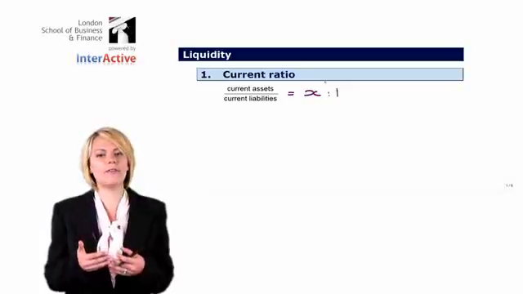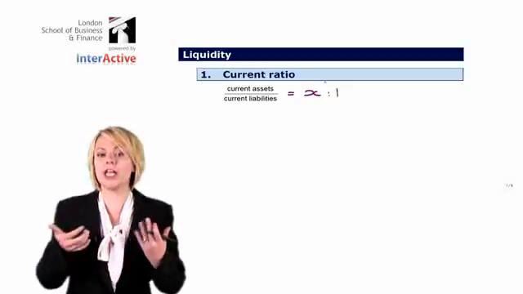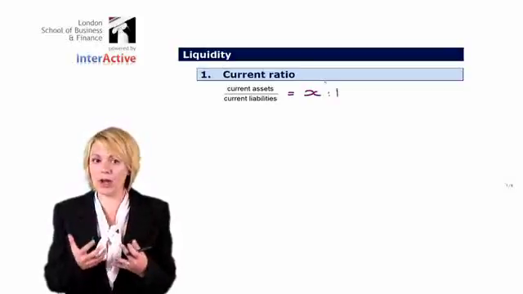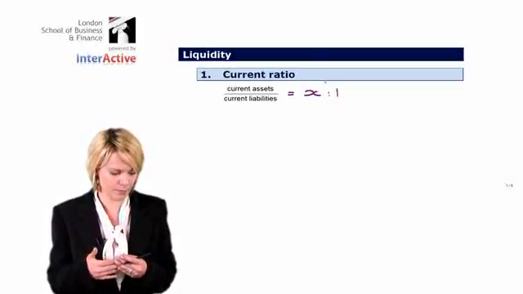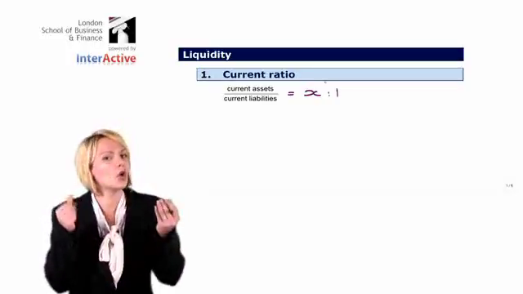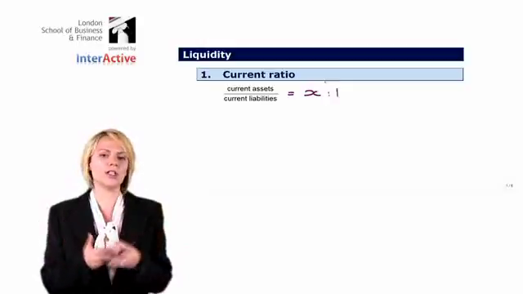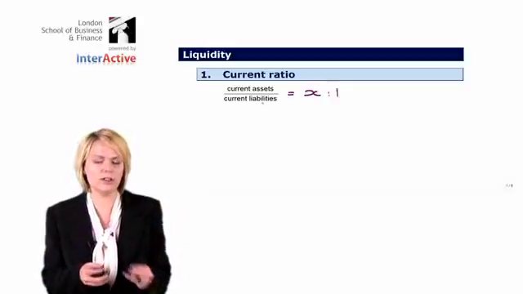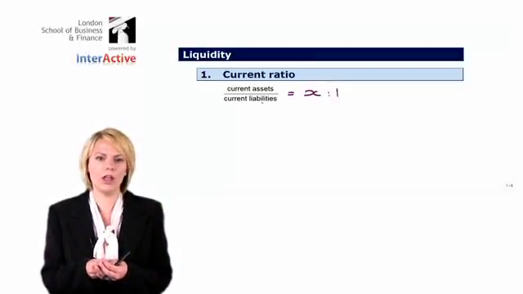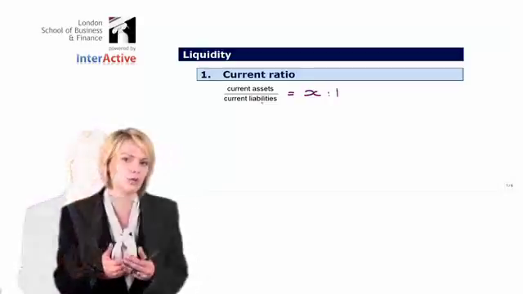Now, a company should have enough current assets to give a promise of future cash to come to its suppliers or its payables. And we must have enough current assets, quick assets, short-term assets, in order to be able to meet those current liabilities. Now, usually a healthy current ratio is normally 2 to 1.